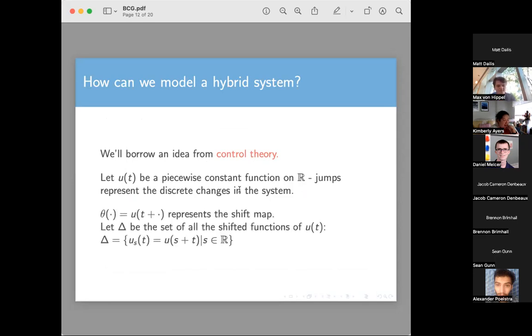And here I get a little bit into the weeds. What I want is to be able to talk about that switching behavior as a dynamical system in and of itself. Apart from what's happening with the differential equation, for instance, on the unit interval, just looking at the pattern of the switching, I want to talk about how that thing is changing over time.